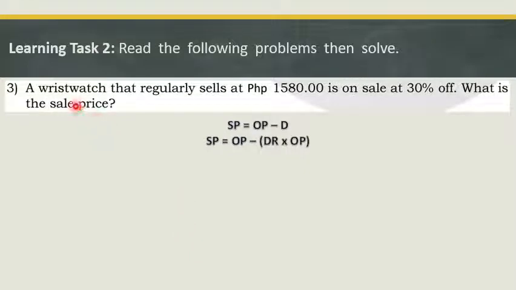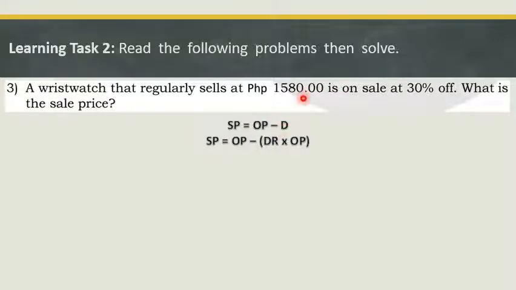Next, for number 3, a wristwatch that regularly sells at 1,580 pesos is on sale at 30% off. What is the sale price? So, magkano na siya kung babawasin natin 30%? So, para makuha yung sale price, mina-minus lang natin yung OP at yung discount.